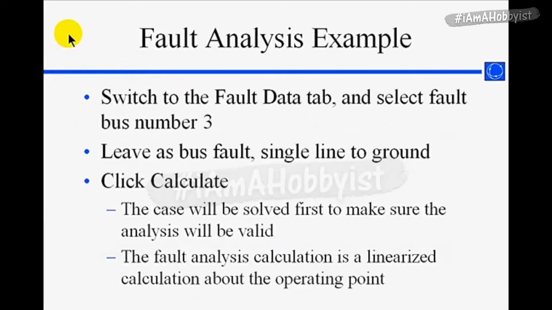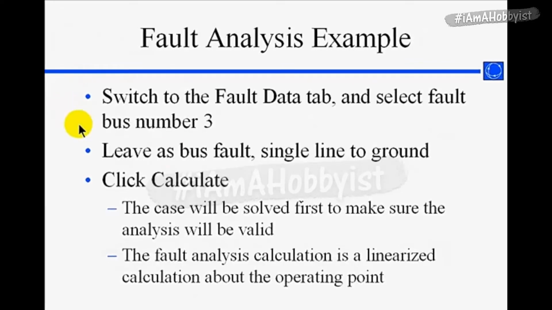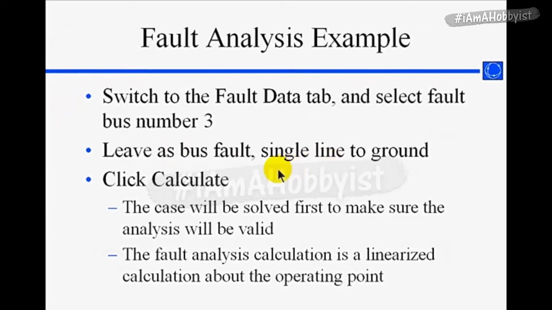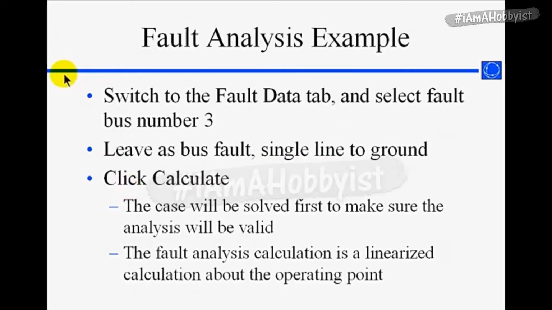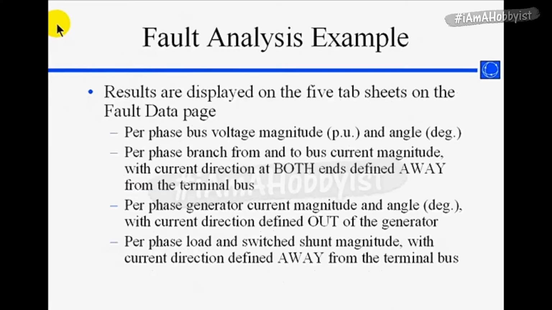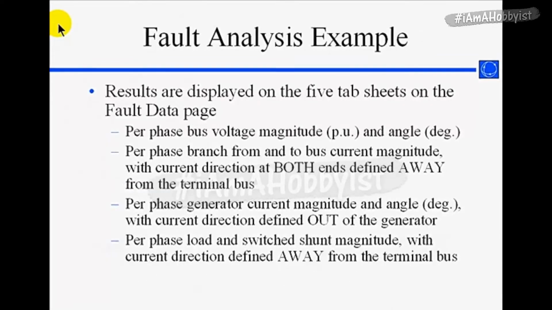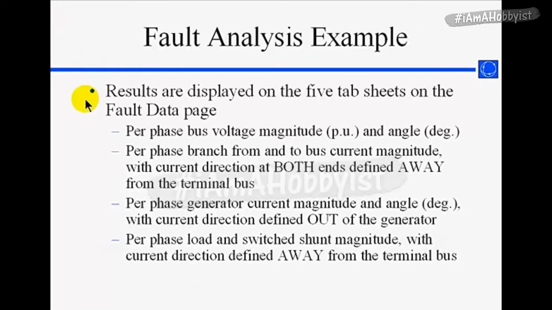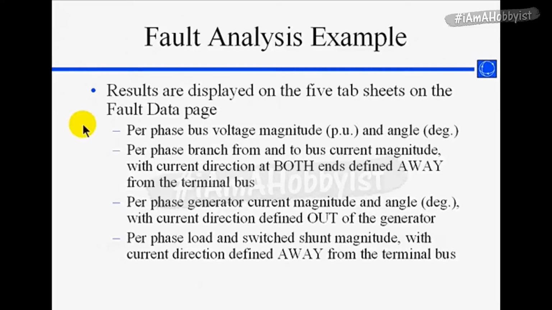On the Data tab, we set the fault location to bus number 3 and chose the single line to ground fault. Then click the Calculate button. The results are then shown in the upper right for the fault current and the angle at the fault, and then for the 5 different sheets for buses, generators, transmission lines, loads, and shunts.